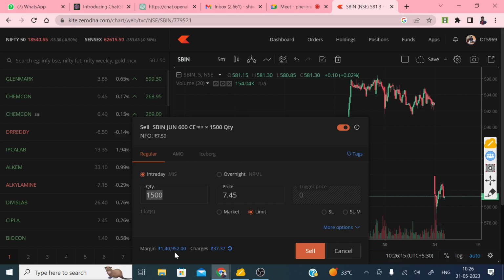I'm paying the entire amount of the contract as option writer, and as option holder you are just paying the advance amount, 10%, 20%. That advance amount we call option margin or option premium. In a future we call it a margin, and in an option we call it a premium. But that works in a similar way.